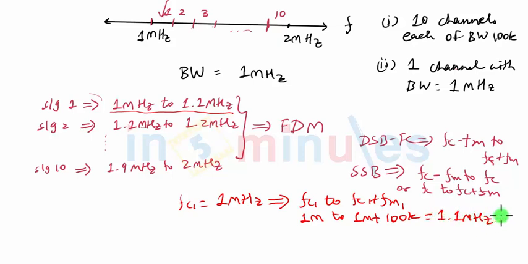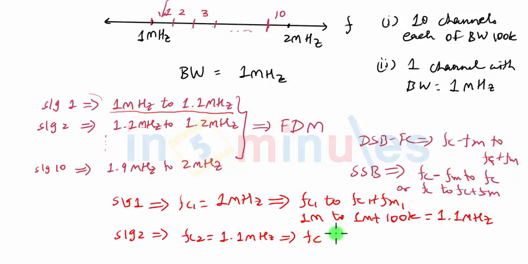How will you fit signal number 2 in the second slot? This was for signal number 1. For signal number 2, I'll take Fc2 equal to 1.1 megahertz. Now if Fc2 is 1.1 megahertz, then for single sideband, the frequency range for the modulated signal number 2 will go from Fc2 to Fc2 plus Fm2, which is 1.1 mega plus Fm2.